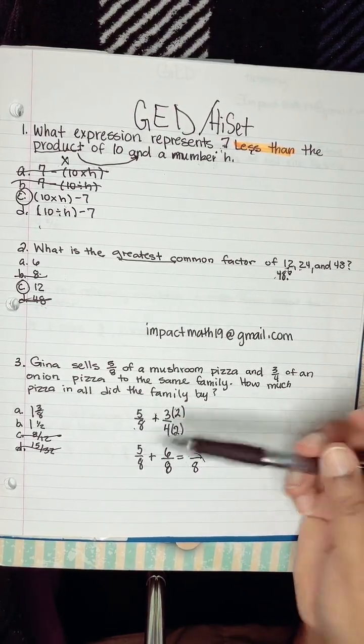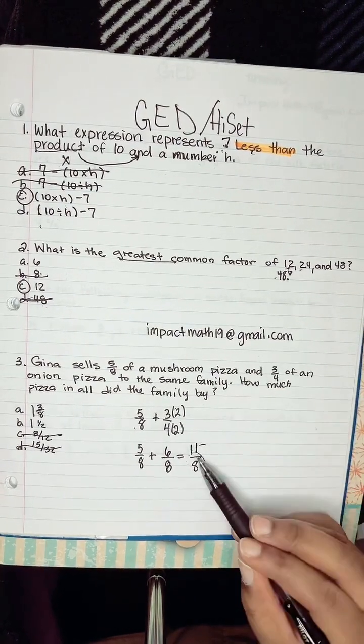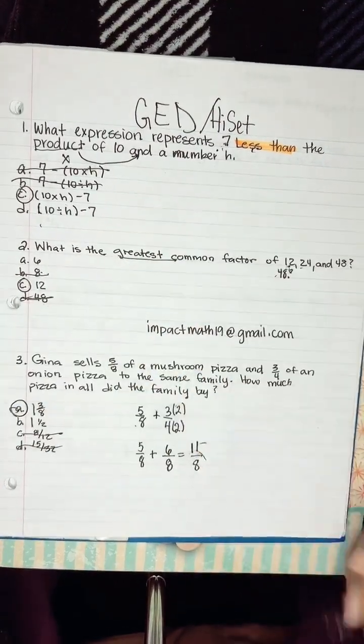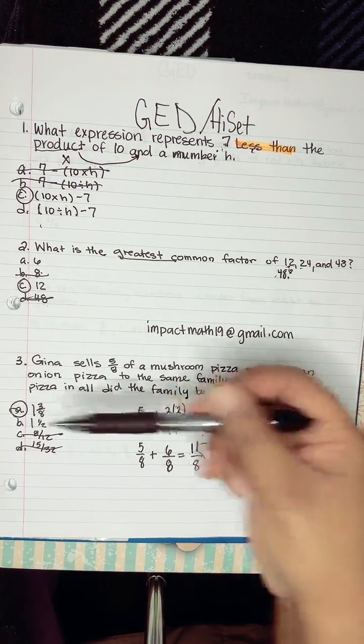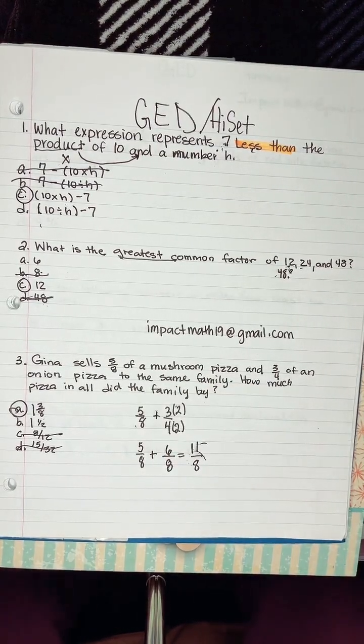Now 6 plus 5 gets me 11. As soon as I see this 11 over 8, I'm going with A and going to the next, especially if it's a timed test. They gave you only one problem that had an 8. This is what we love when they help us out like this, right?